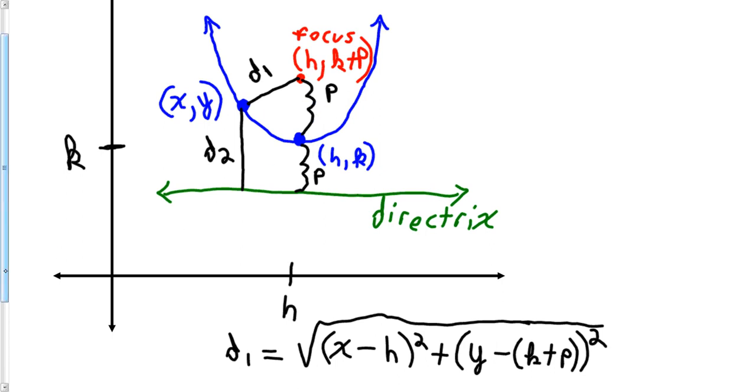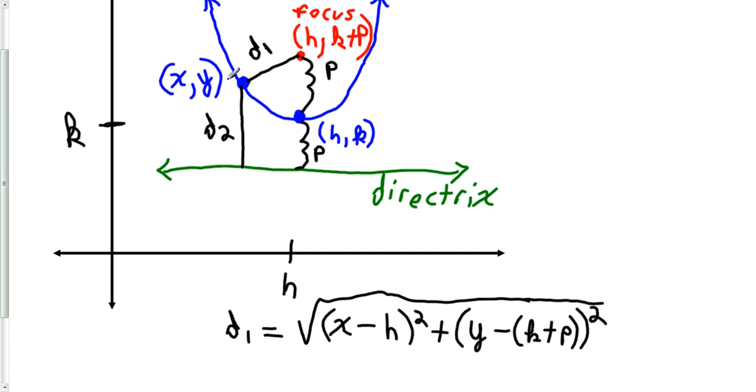Now what I need is the distance from the arbitrary point on the parabola to the directrix. Well, what I want is for this line to be perpendicular, so that this distance here is just the difference in the two y values. So all I really need to know is the y value of this point right here on my directrix.